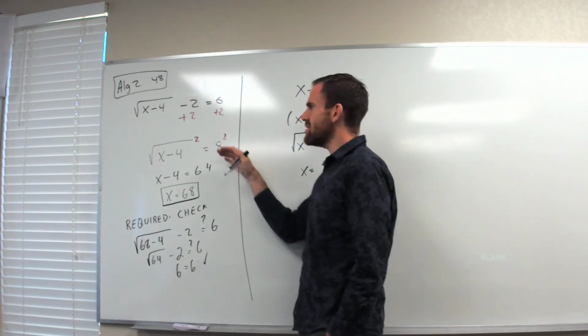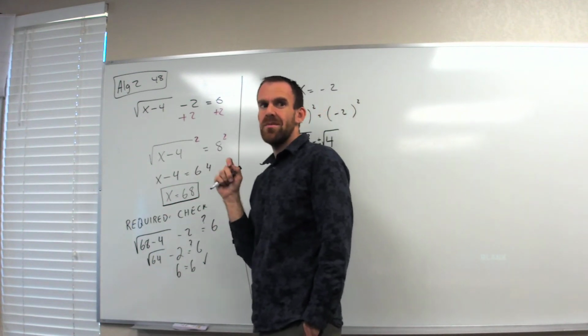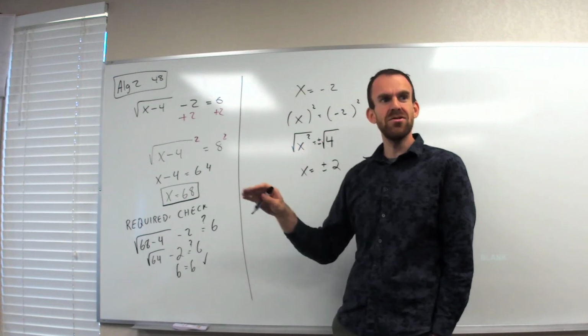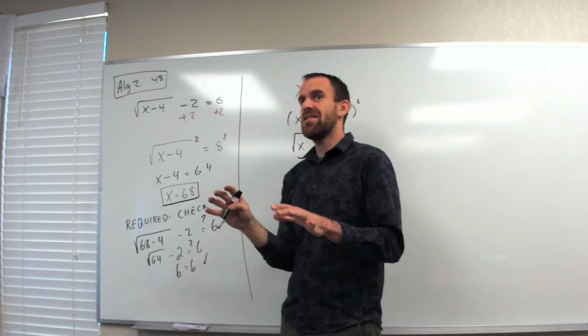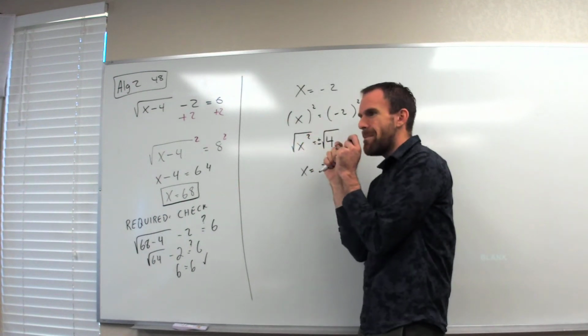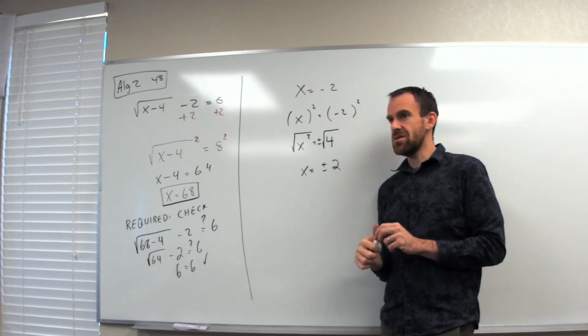So you can do all this work, you can square both sides correctly, you can get an answer, and that answer might be totally trash. Just wrong. It's absolutely wrong. It's not wrong because of anything that you did. It's wrong because when you square both sides, you may add an extra term or an extra solution.